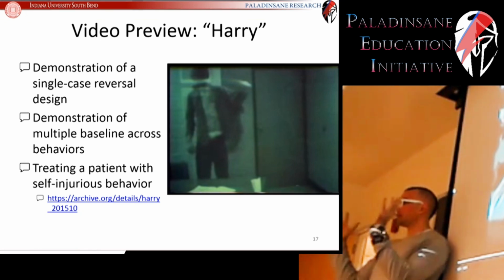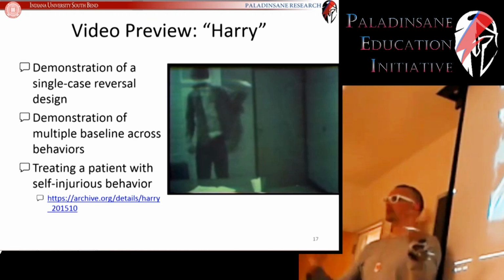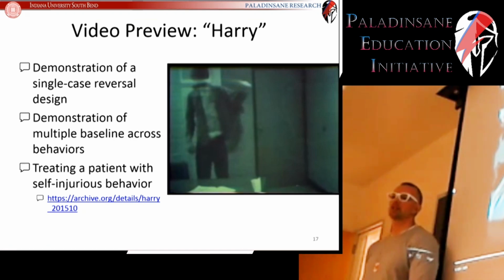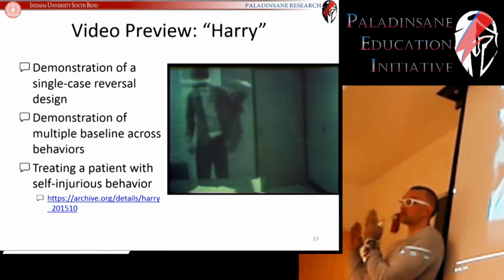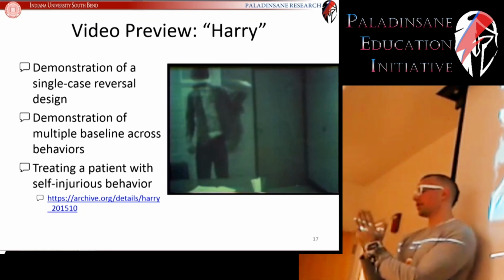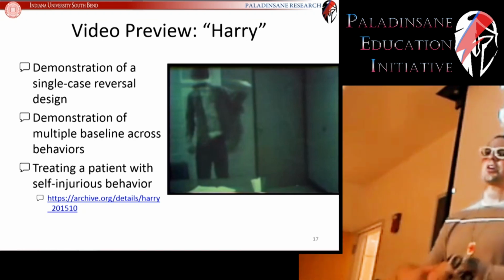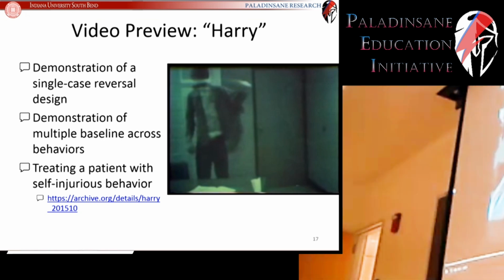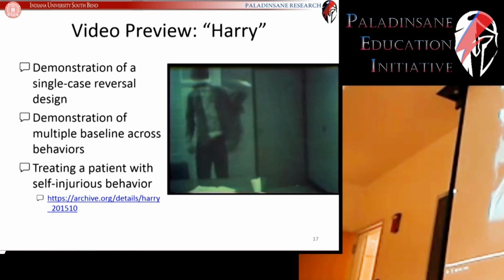So literally knowing what to do, knowing the techniques, using these experimental techniques to isolate the fact that a treatment is actually working, can undo the damage. It's amazing. It's 25 years of self-abuse, and within the span of a couple of months, it's reduced almost to nil, and within the span of a couple of years, they've gotten Harry to the point where they're training him up. So again, I love showing this film.